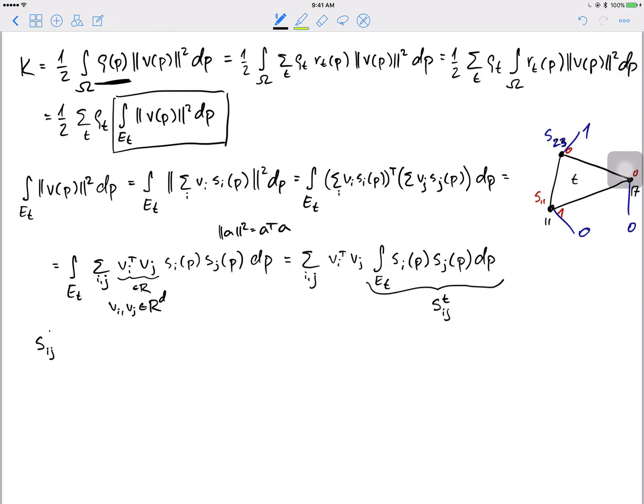So the Sijt. First for triangles, let me tell you both. It's actually kind of cool to compare the two. So for triangles, that means we are in D equals 2. So then the Sijt is going to be, what do you think it's going to be? Actually, what geometric quantity of the triangle do you think it will be related to the most?